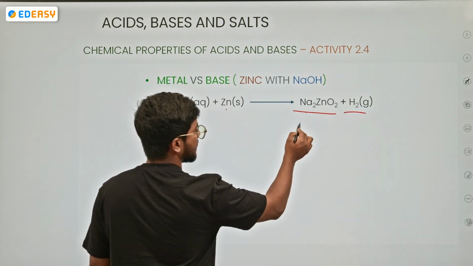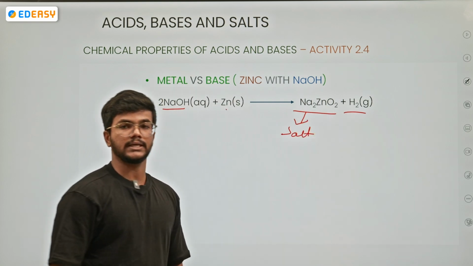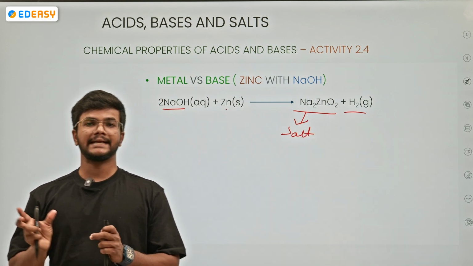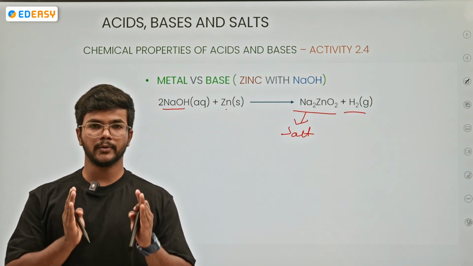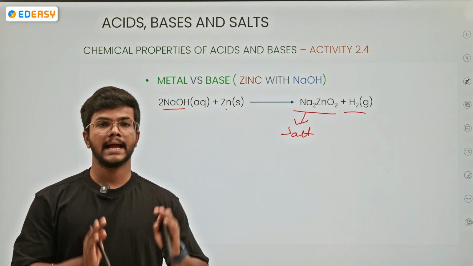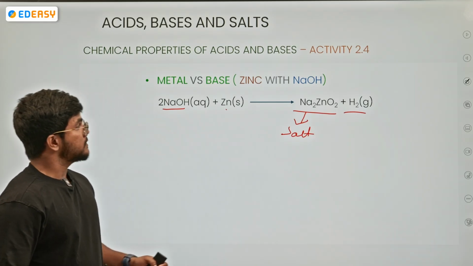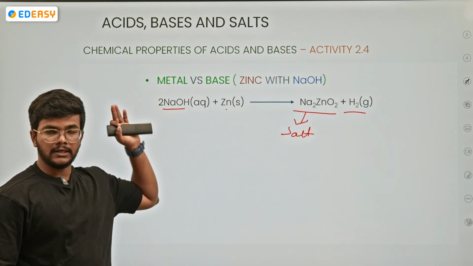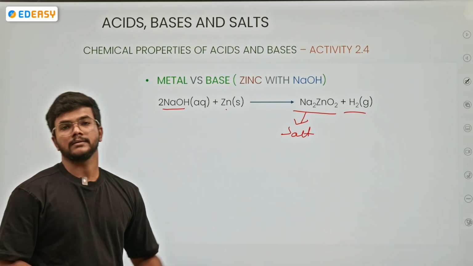So this is the salt, and this is hydrogen gas. When a metal reacts with acid or base, the common product is hydrogen gas, along with salt formation. Metal with acid or metal with base gives hydrogen gas plus salt. Next.